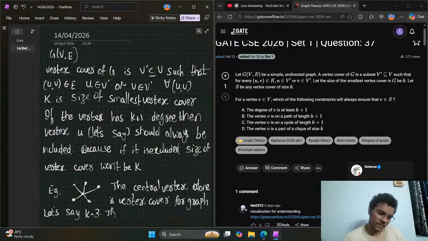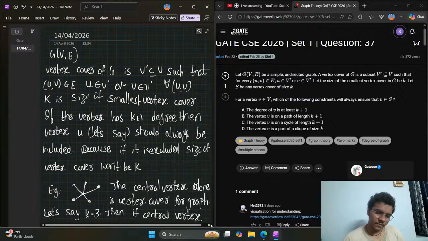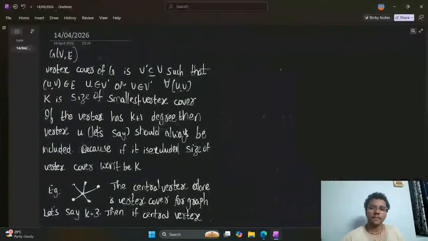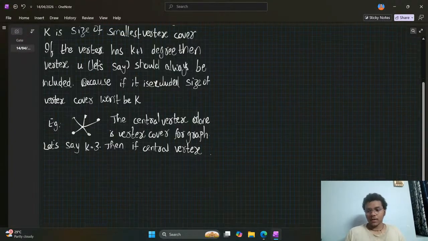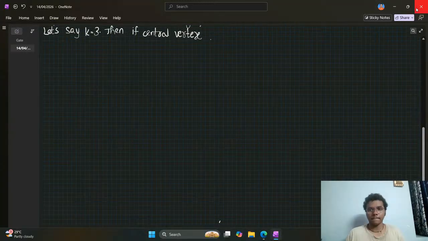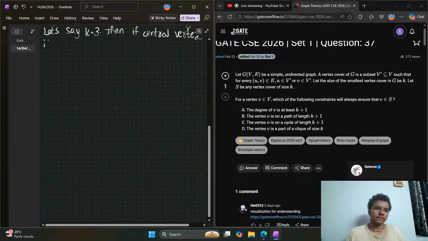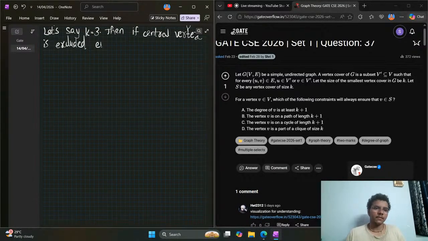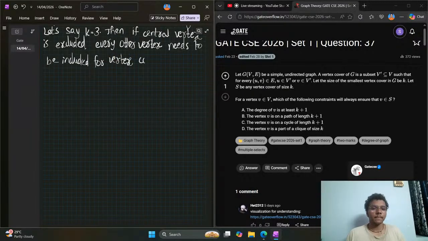Let's say k is equal to 3, then if the central vertex is excluded, every other vertex needs to be included for the vertex cover. So k equal to 3 is not satisfied.